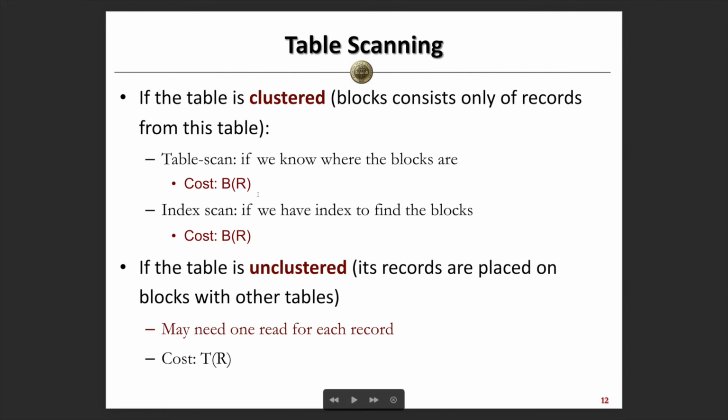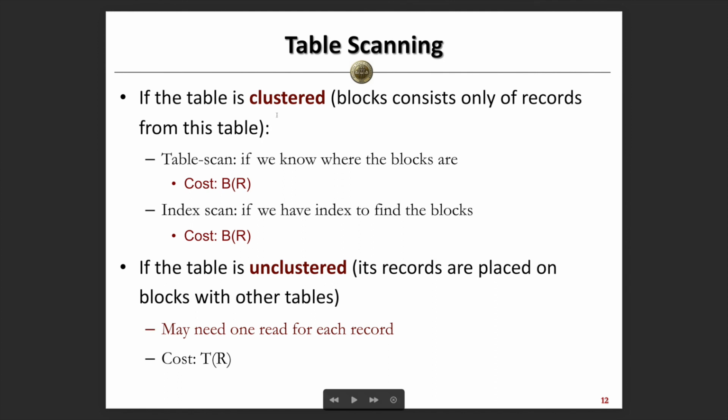When we do index scanning, we check the index tables, and if we also have the index to find the blocks, the time cost will also be based on BR, the time cost for finding the blocks. Once we locate the blocks, we can find the records very efficiently because it is clustered.